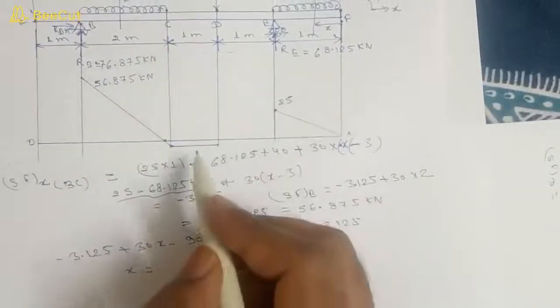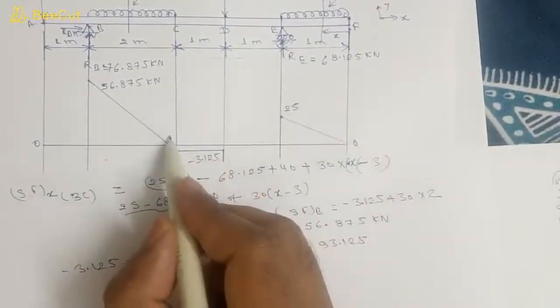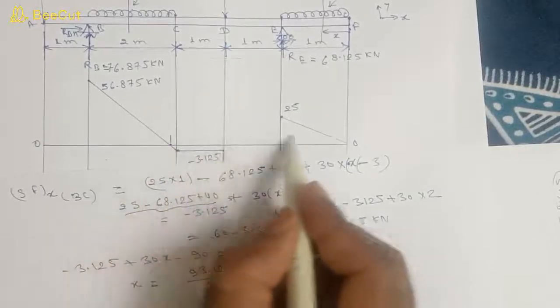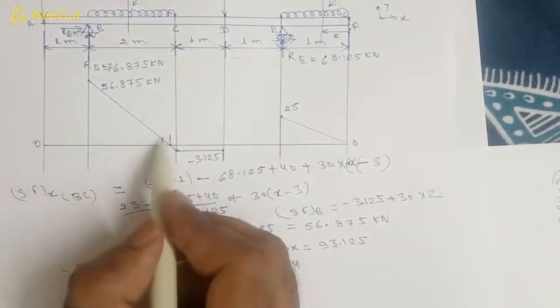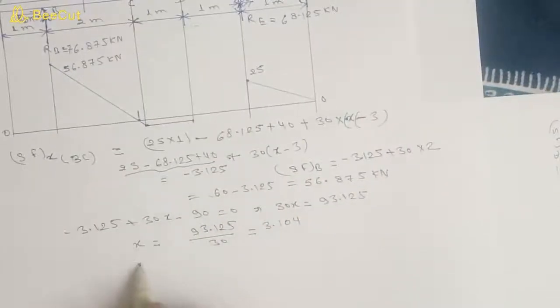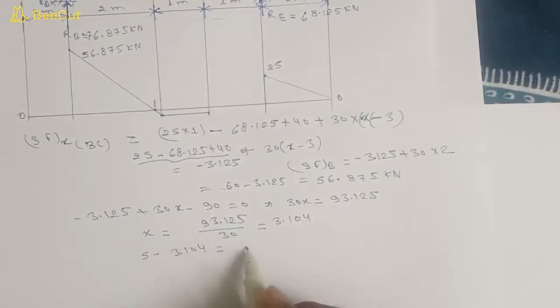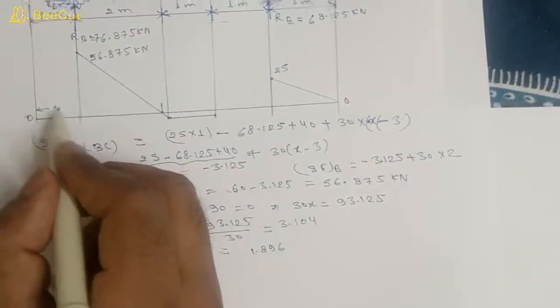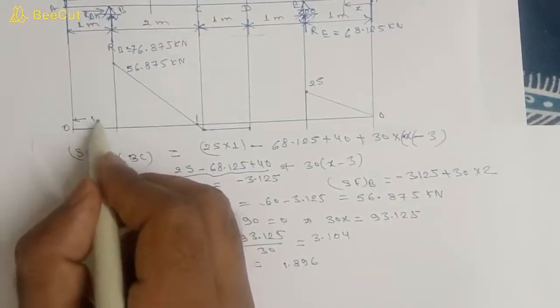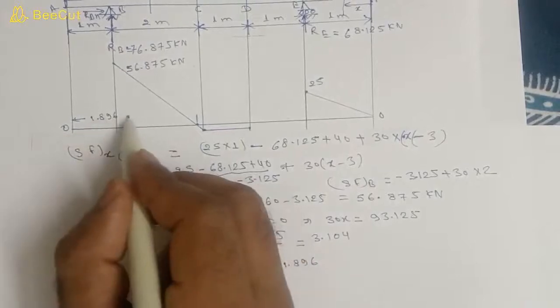So this length is 3.104. If you want to calculate this other distance, it will become 5 minus 3.104, so it will become 1.896. So this distance is 1.896.